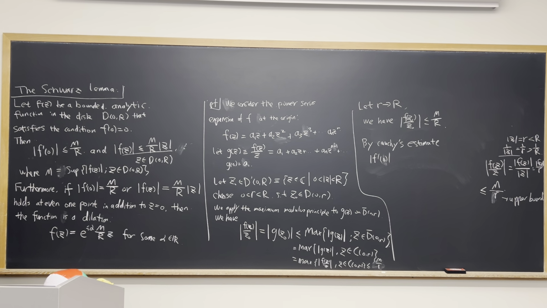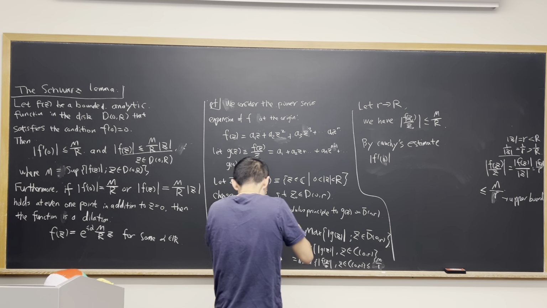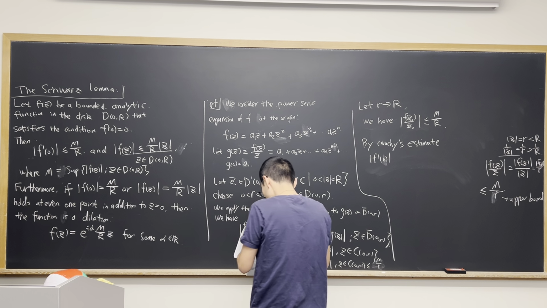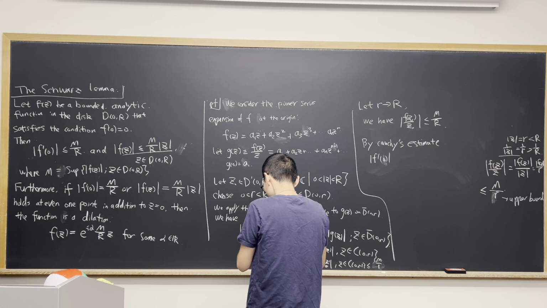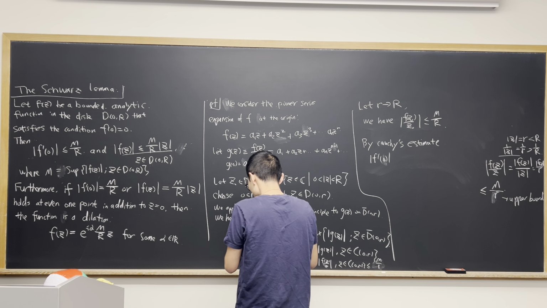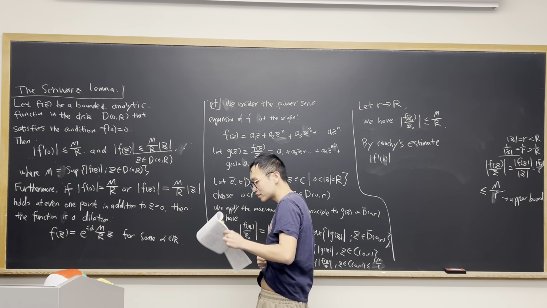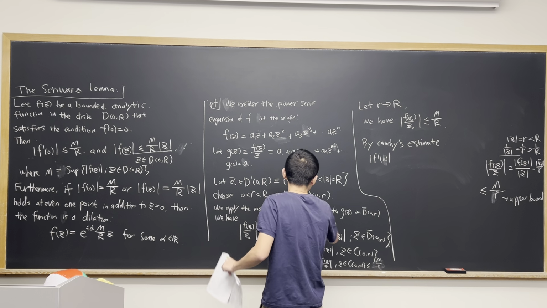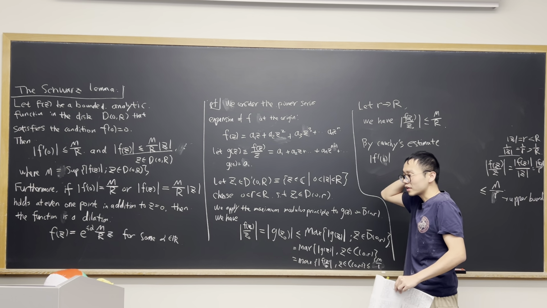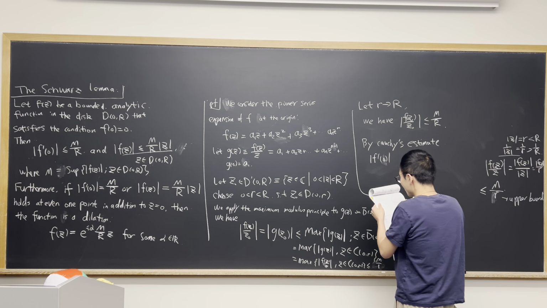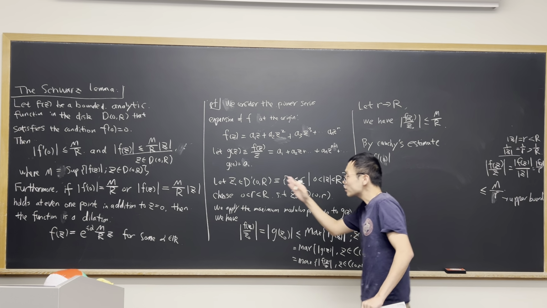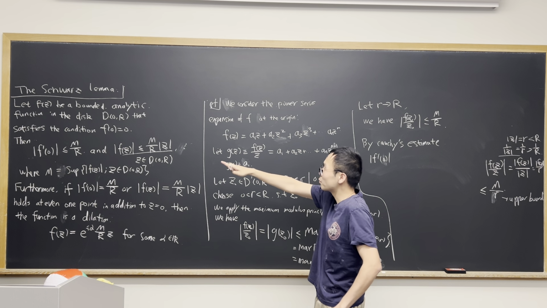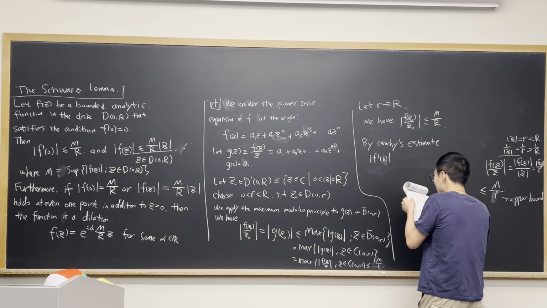Let me just see what the Cauchy estimate is. So for Cauchy's estimate, I assume that you know it, you cannot pick the radius to be the big R. That's not possible.